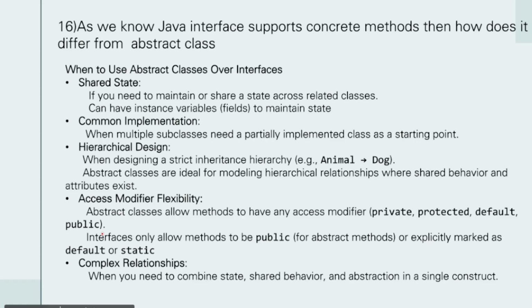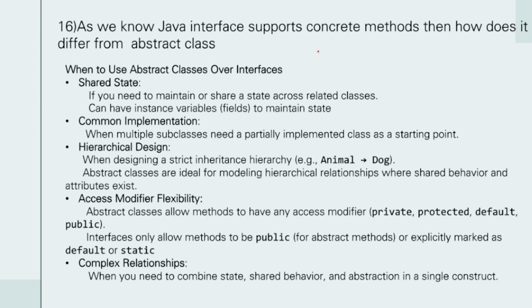And from the start, abstract classes have supported both types of methods, concrete methods as well as abstract methods, right? So how does it still differ from abstract classes? That is the question. I think the question is clear to you. So now let's see the answer.